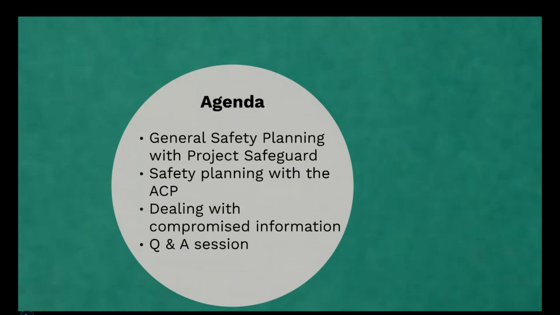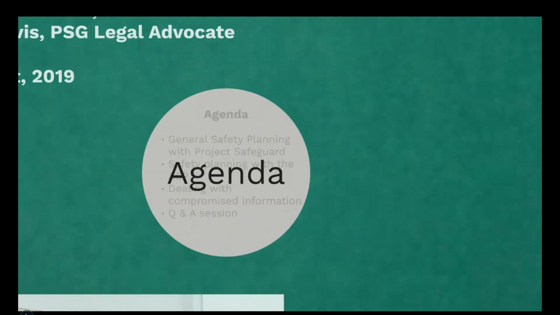And then the last piece is going to be talking about some options for survivors if their information is compromised. So we'll go over some different options there, and then we'll just follow up with a Q&A session. But feel free to put any questions you have in the chat box at any point, and we will make sure to address those as they come up.